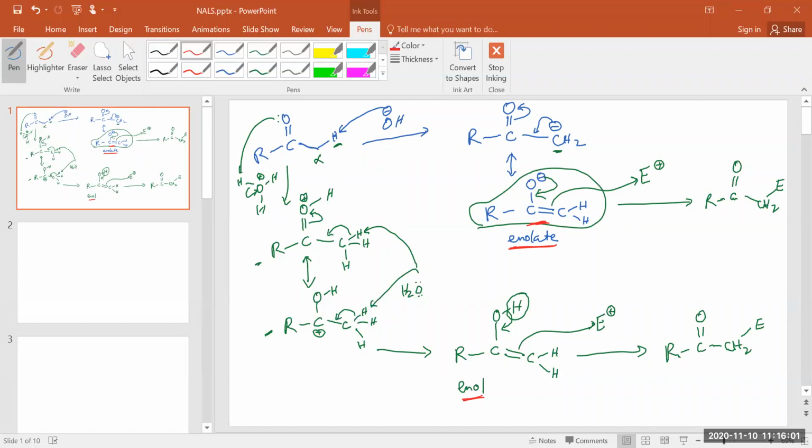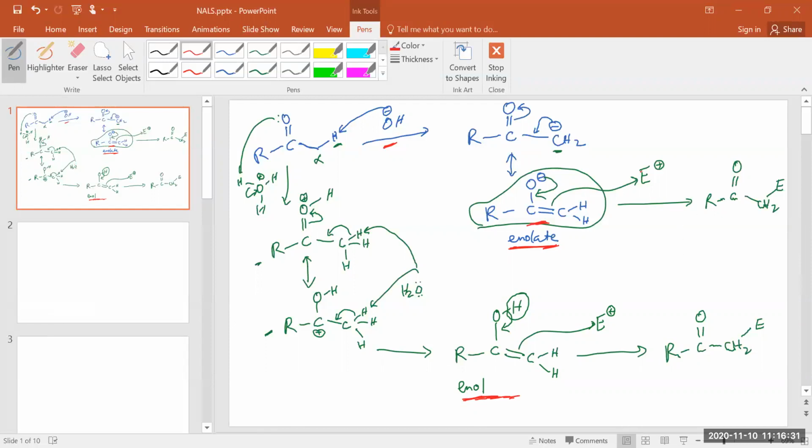In another words, under basic condition you can make a stronger nucleophile, and under acidic condition the same enol will be a weaker nucleophile. The difference you can see obviously via the negative charge.